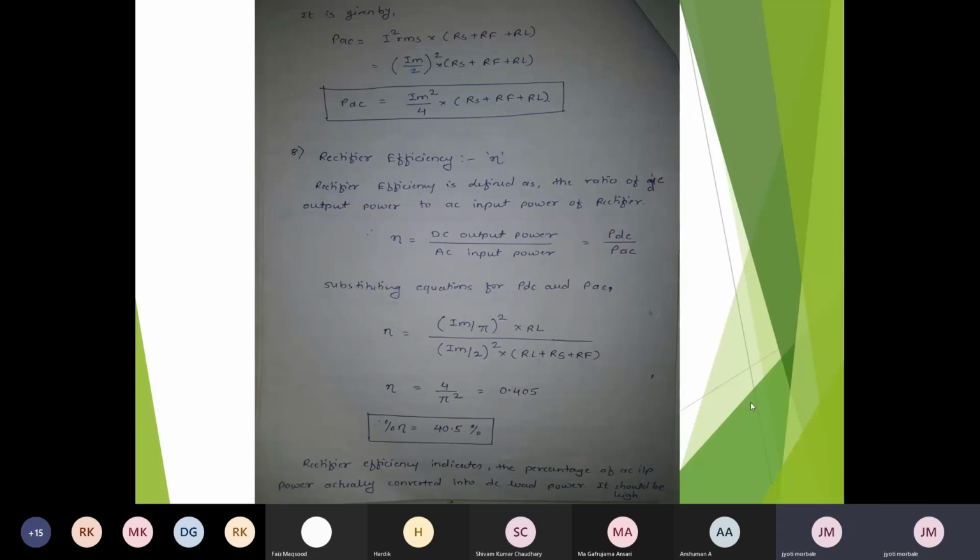So half wave rectifier का efficiency है, this is less than 50%. That means this circuit is not that good to convert the AC input signal into DC output signal because it has lower efficiency. Remember, the efficiency for half wave rectifier is only 40.5%, which is very low. Ideally, it should be 100%.